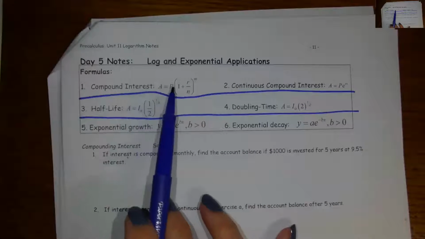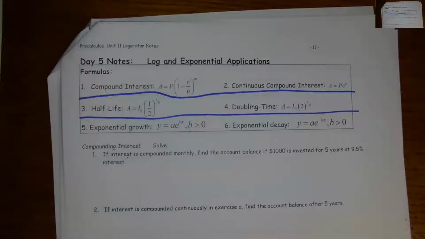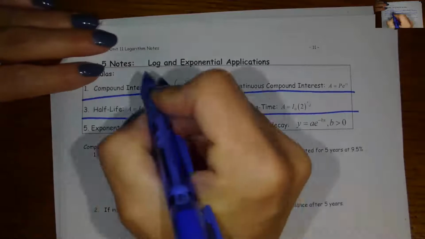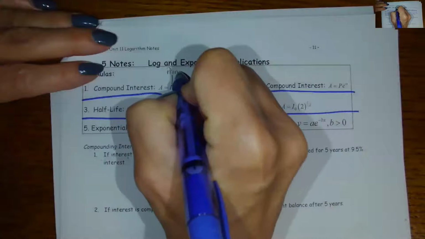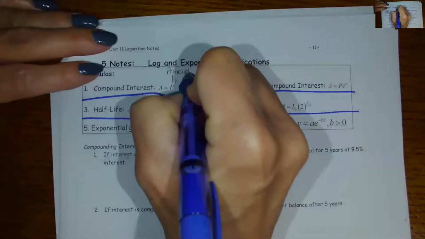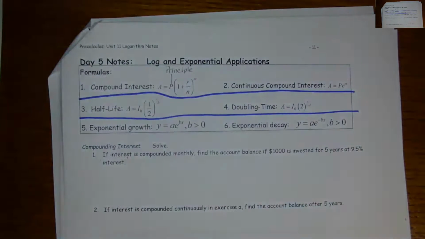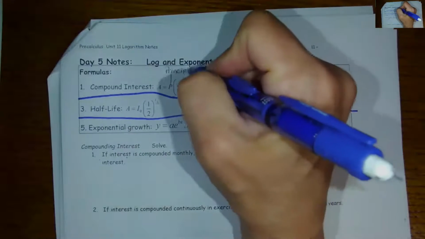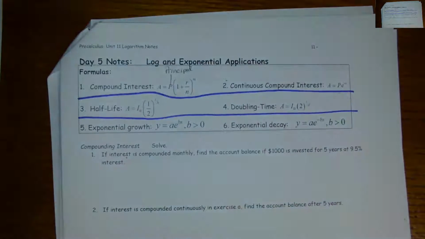So when you look at 1 and 2, A stands for the amount you have when you're done. P is the principal. So if you were to go to the bank and put some money in, that would be your principal.